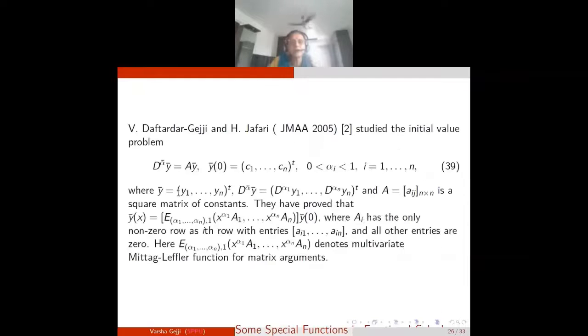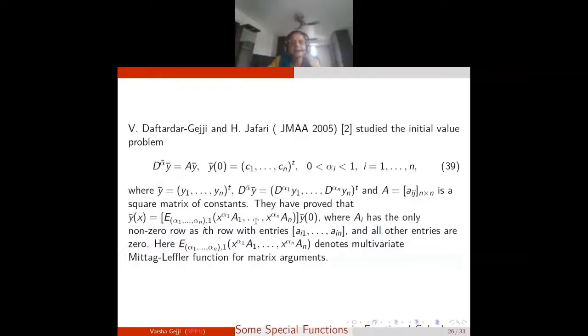So a very interesting observation is that for this linear system, because A is a real matrix, the solution is in terms of this E alpha 1, alpha 2, alpha n, comma n, where the matrix arguments are x to the power alpha 1, A1. What is A1? A1 is nothing but take this A, keep the first row as it is, and all other rows 0.